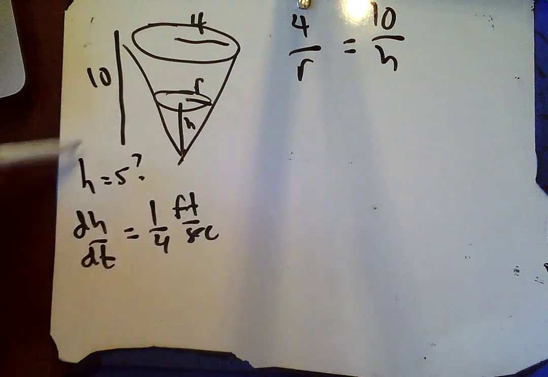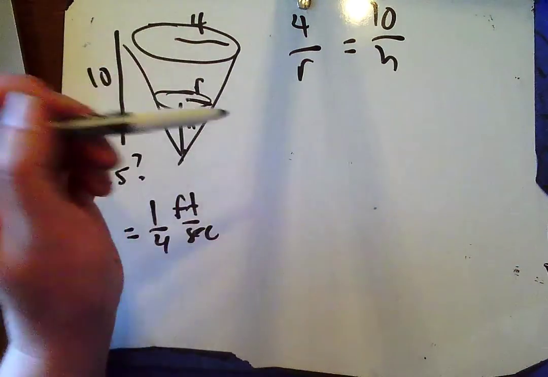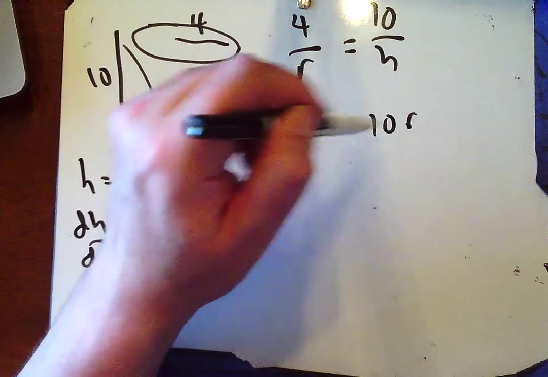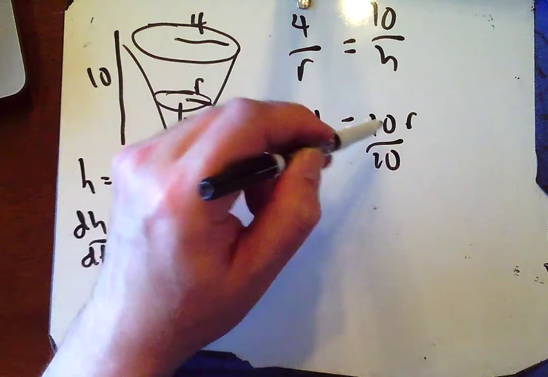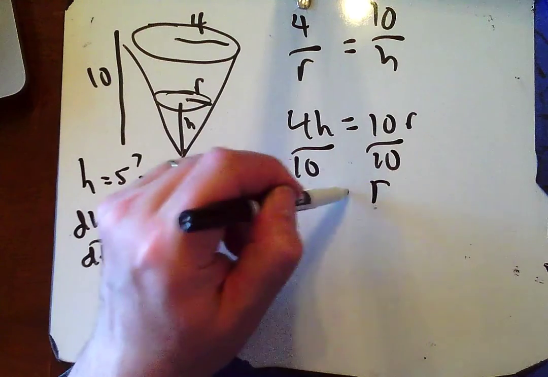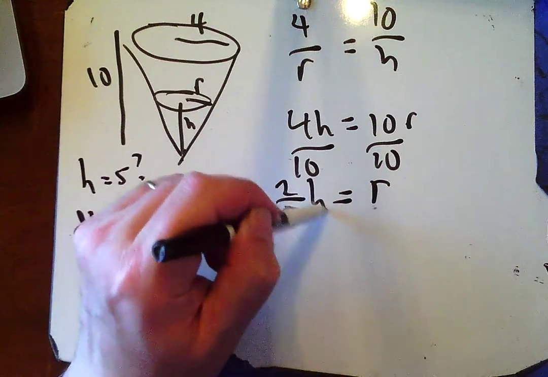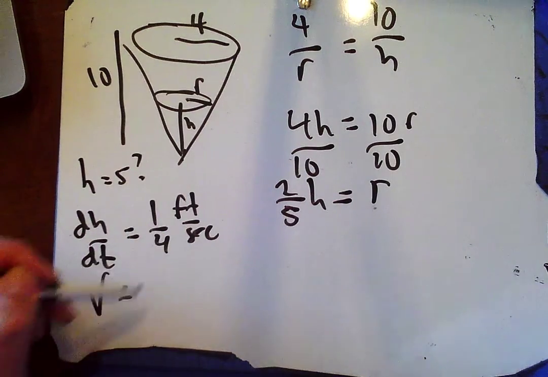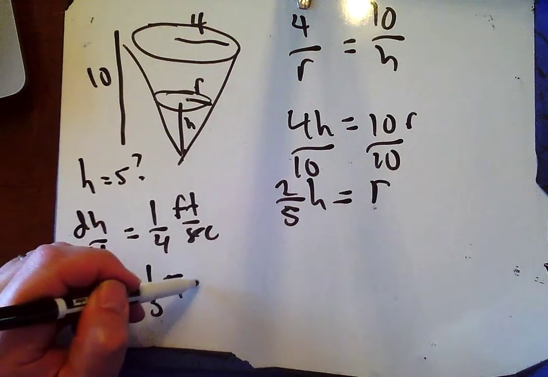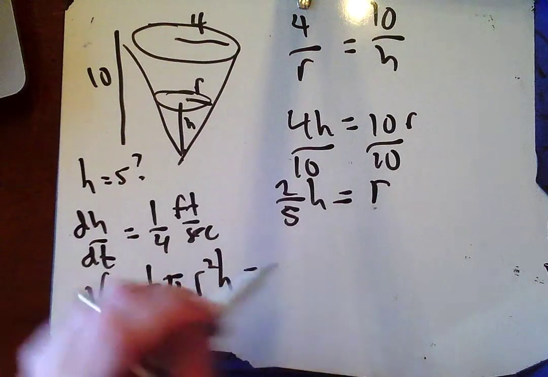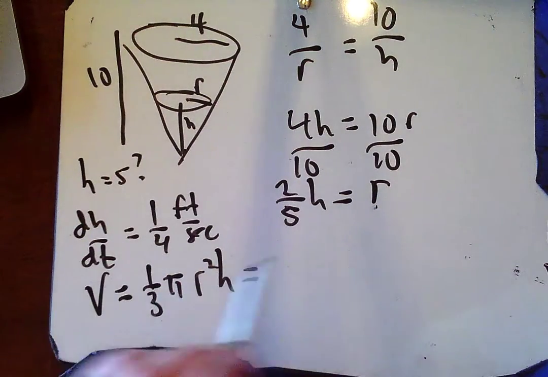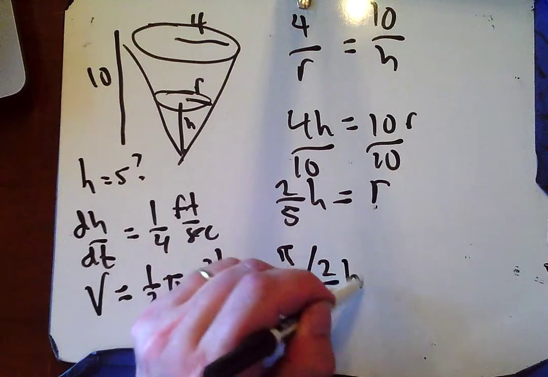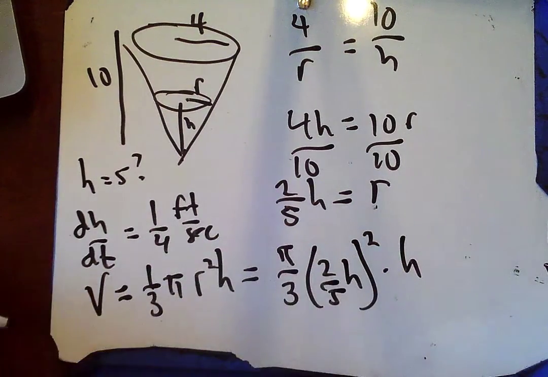I see a lot of dh's over here, so I really want to get R by itself. I'm going to have 4H equals 10R. And so that leads me to say that R equals 2/5 H. So now when I consider the volume of the cone, 1/3 pi R squared H, I'm going to rewrite by getting rid of the R. Pi over 3, (2/5 H) squared times H. Right?